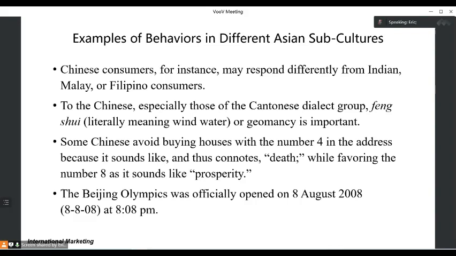Also, if they want to build a house or a building, especially in South China, in Macau and Hong Kong, people especially want to discuss feng shui.